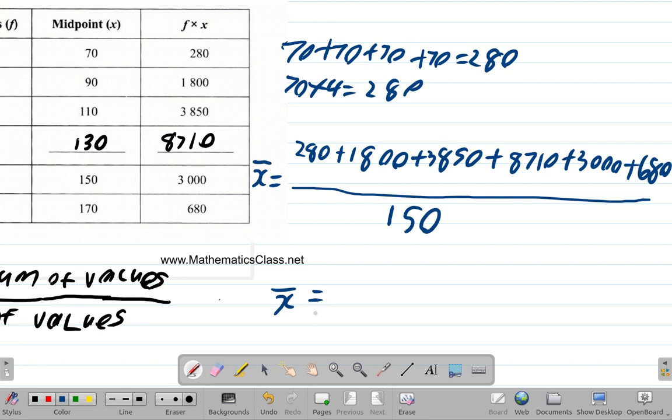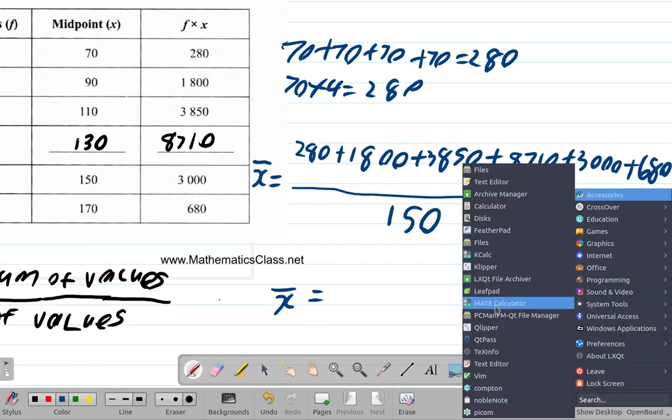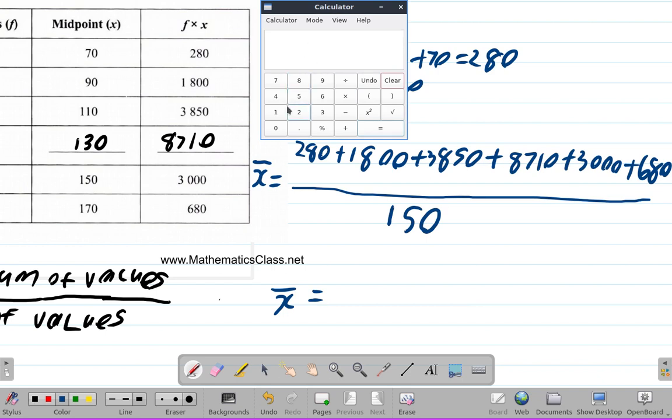Alright, let us get our calculator and work it out. So, we have 280 plus, and you have 1800 plus, you have 3850 plus, and you have 8710 plus, then you have 3000 plus, then you have 680 equal 18,320.